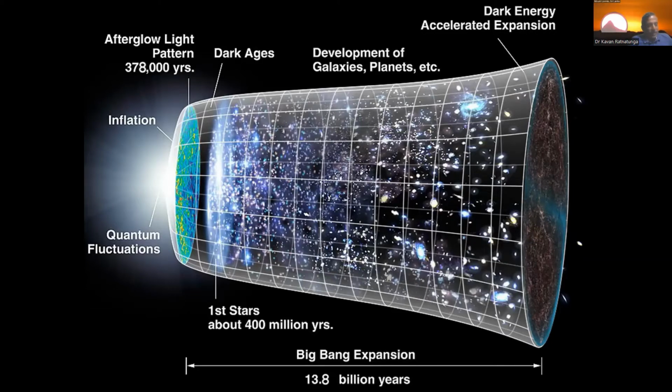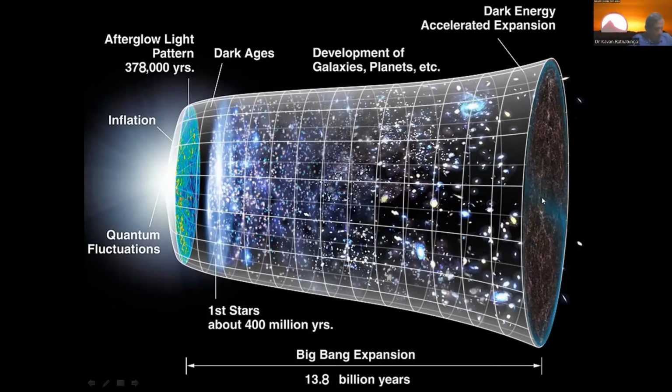And after that expansion to see what we see now, which is, if you were looking from this end, you would see the galaxies in the universe. So this is a sort of illustration, not in 3 dimensions, but in 2 dimensions, of the history of our universe over the last 13.8 billion years.